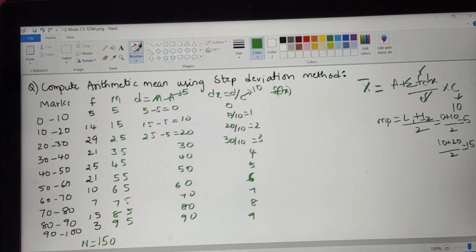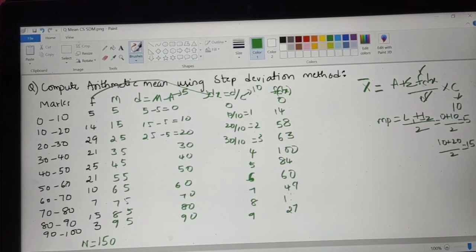So let's multiply the frequency and dx columns. 5 into 0 is 0. 14 ones are 14. 29 into 2 is 58. 21 into 3 is 63. 25 into 4 is 100. 21 into 5 is 84. 10 sixes are 60, 7 sevens are 49, 3 nines are 27, and 15 into 8 is 120.